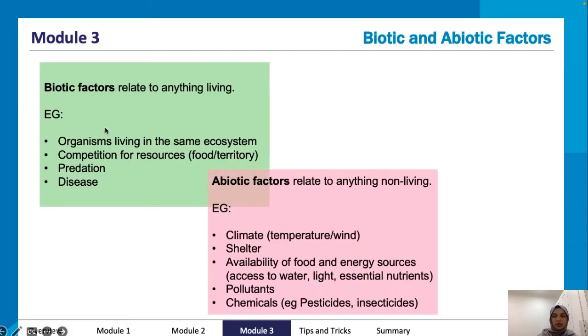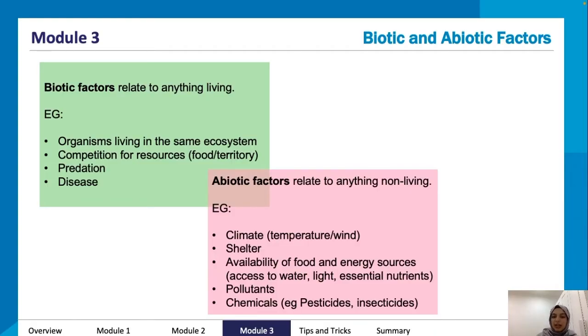Okay. So biotic versus abiotic factors. Biotic factors relate to anything that's living, whether that be organisms living in the same ecosystem, competition for resources, so food, territory, predation, disease, etc. Whereas abiotic factors relate to anything that is non-living.